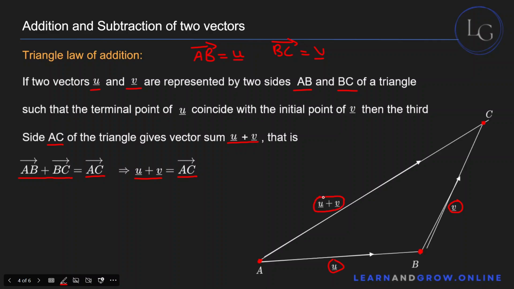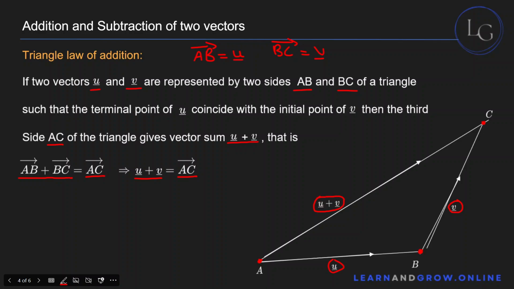But remember, this only works when the terminal point of AB coincides with the initial point of BC. Basically, the final stretch that connects the initial point of AB with the terminal point of BC is the sum of the two vectors AB and BC.